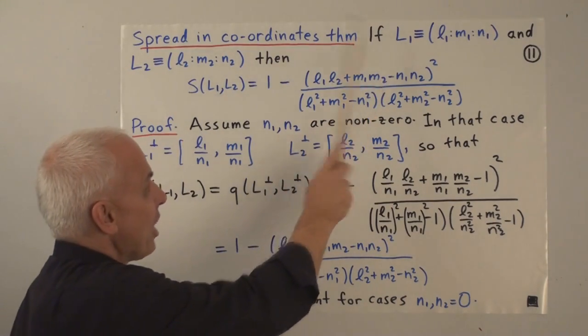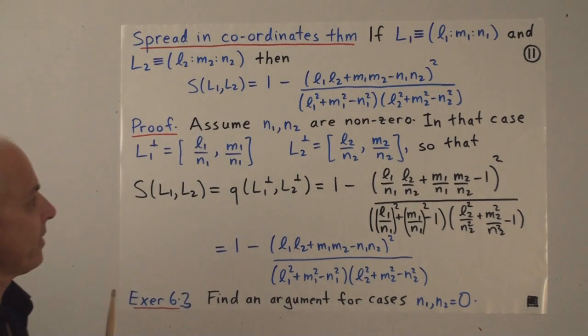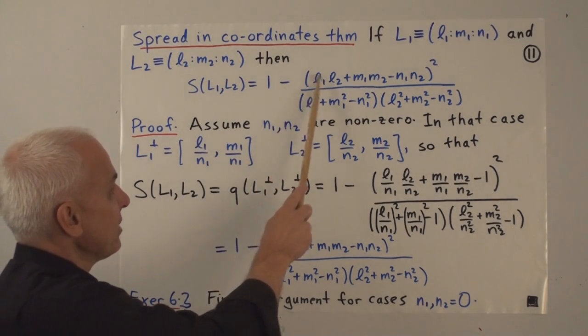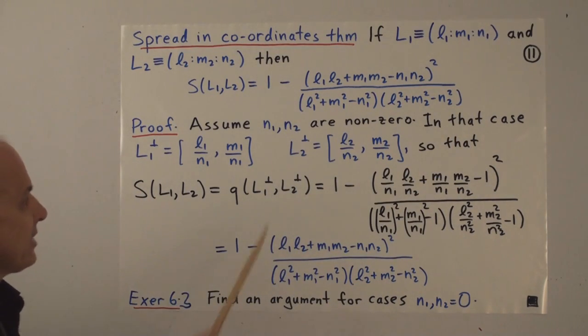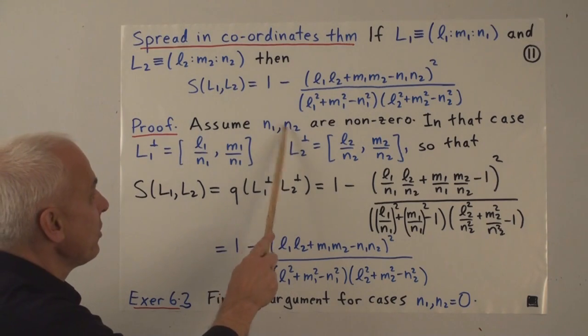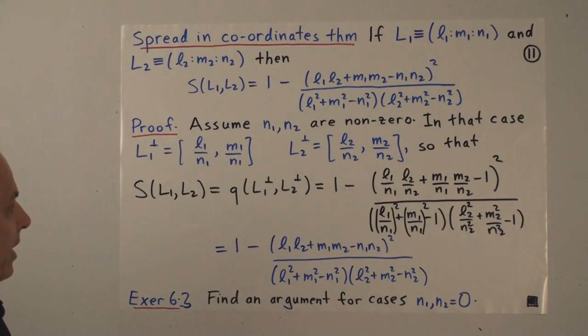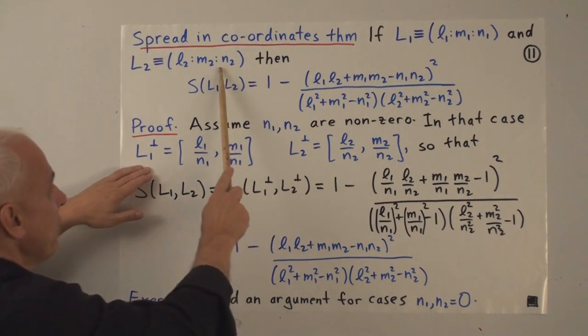So we have two lines L1 and L2 with these coordinates as before, and the claim is that the spread between them is 1 minus this expression here. Let's assume that N1 and N2, the third components, are both non-zero. In that case, we can write down what the duals of these lines are.